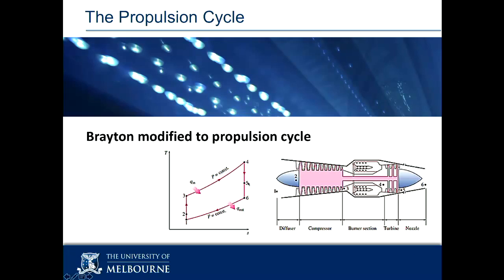In the propulsion cycle, you have a diffuser at the front and a nozzle at the back. The diffuser in the ideal cycle is also isentropic compression, and the nozzle, 5 to 6, is also isentropic expansion. So it's the same maths in the sense that you have the isentropic compression, isentropic expansion.